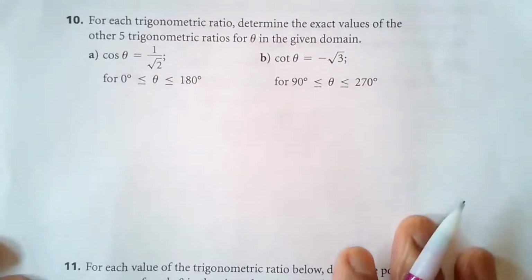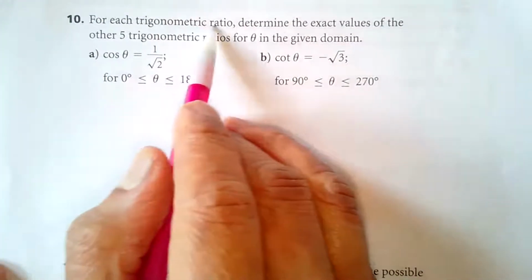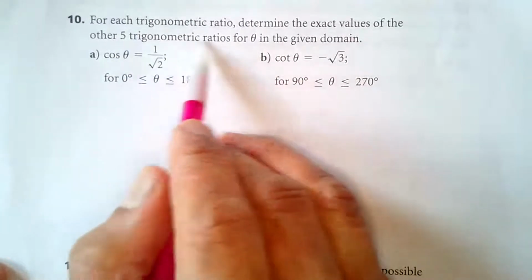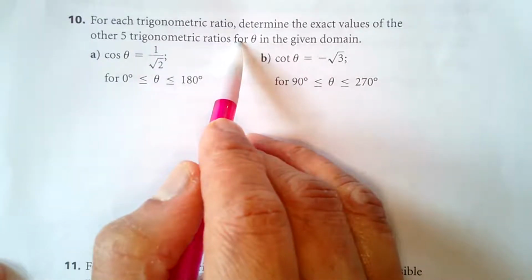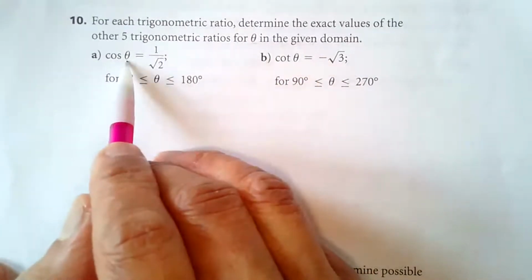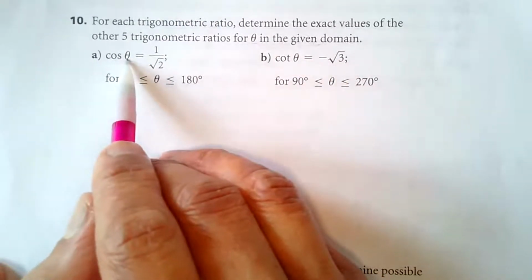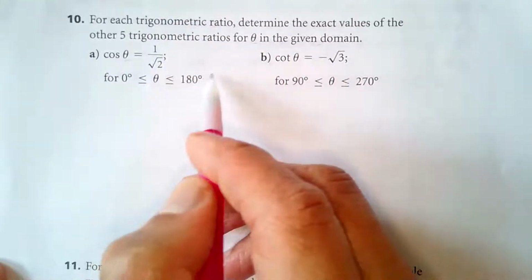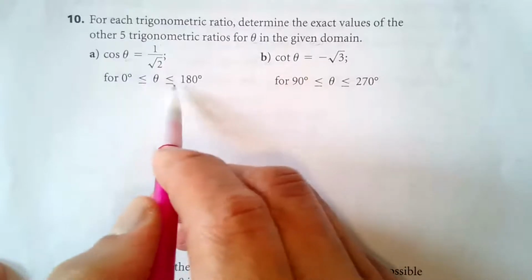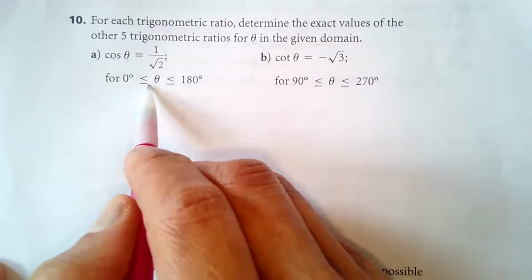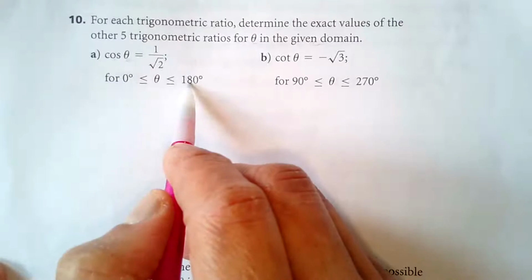In this question, for each trig ratio, determine the exact value of the 5 trig ratios for theta given cos theta is 1/√2. Now, we restrict it to between 0 and 180 degrees.